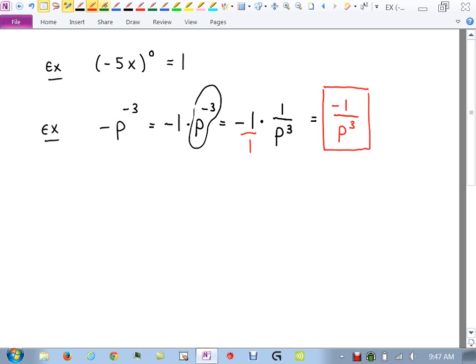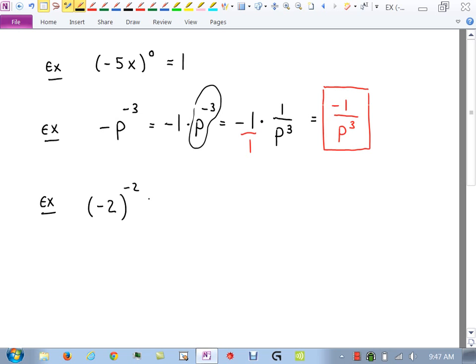How about this? What's negative 2 to the negative 2? So look inside the parentheses.